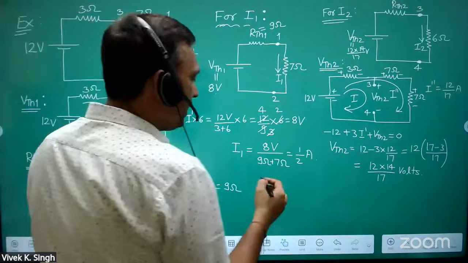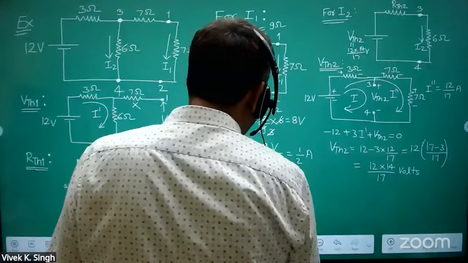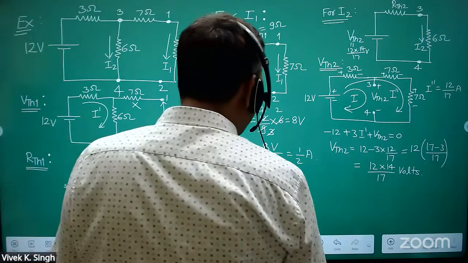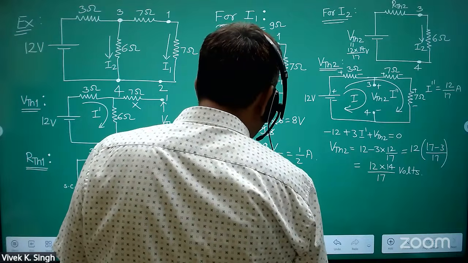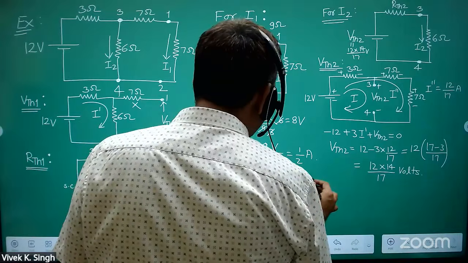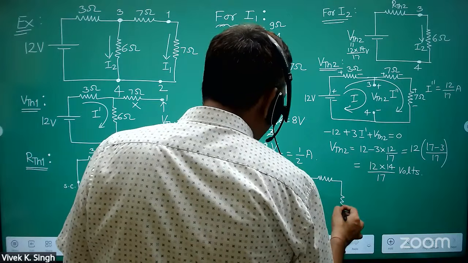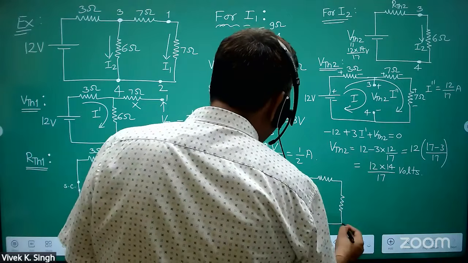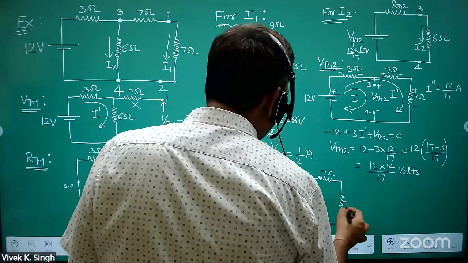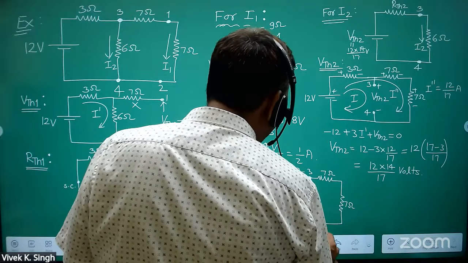And what will be RTH2? Equivalent circuit for RTH2: the voltage source will be short circuited. This is short circuited. 3 ohm, 7 ohm, this is also 7 ohm, 3 ohm, 7 ohm. This point is 3 and this point is 4.